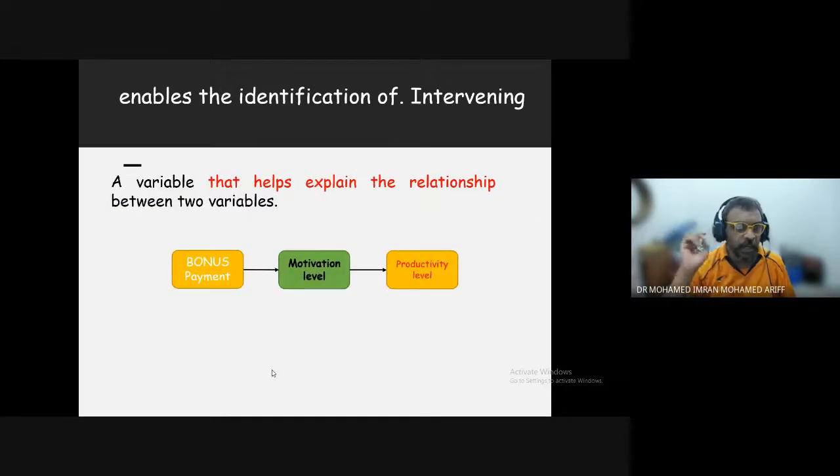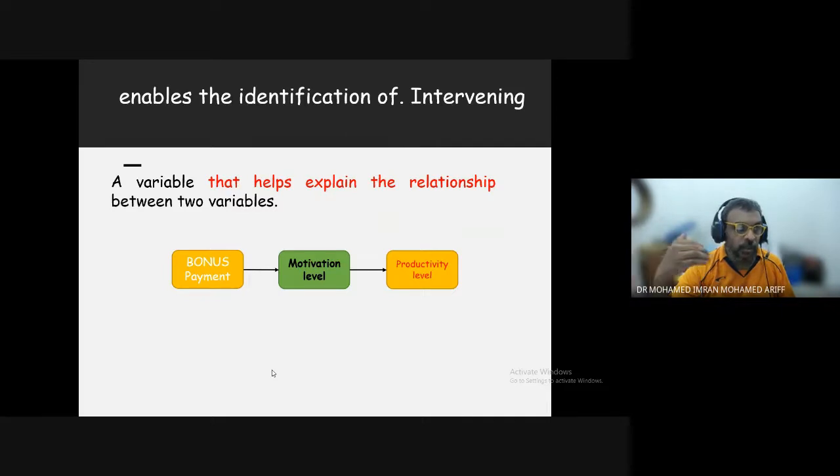Next, we can also identify an intervening variable, a variable that helps explain the relationship between two variables, bonus payment and productivity level. There is no direct link between bonus payment and productivity. But when you get a bonus, your motivation goes up. When motivation goes up, then your productivity goes up.